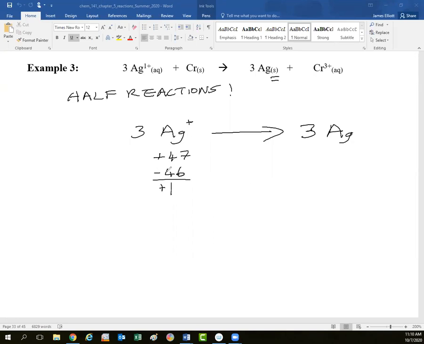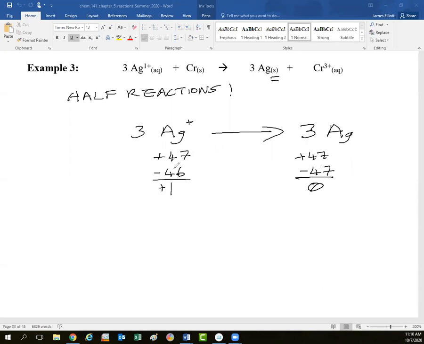Plus 47 minus 46, it gives us the +1 charge. Now by the end of the reaction, we've got silver metal, still 47 positively charged protons, but to come up with that 0 charge, as we have 0 charge here, which is why it's left blank, that only happens if there's also 47 electrons.